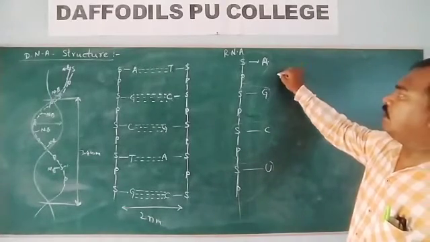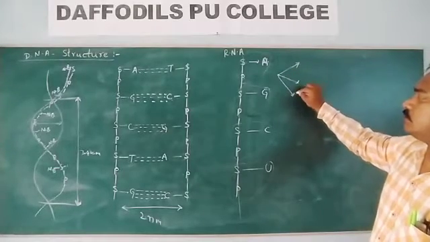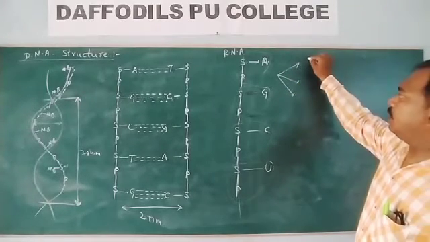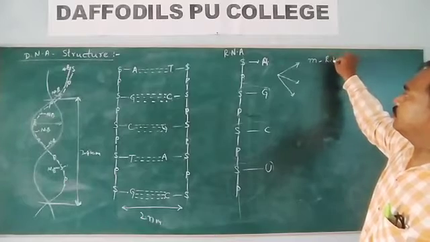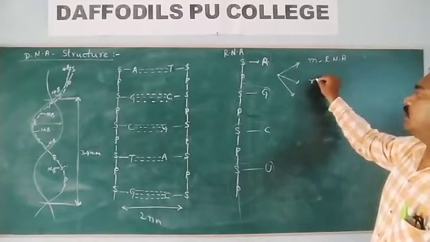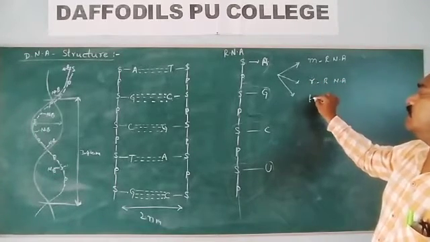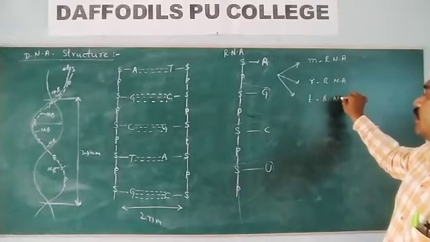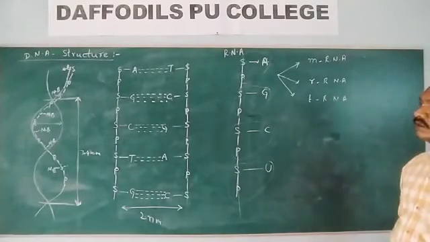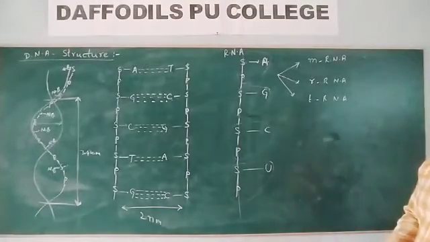Now this RNA is again of three types: mRNA, messenger RNA; rRNA, ribosomal RNA; and tRNA, transfer RNA. So RNA is of different types: mRNA, tRNA, rRNA.